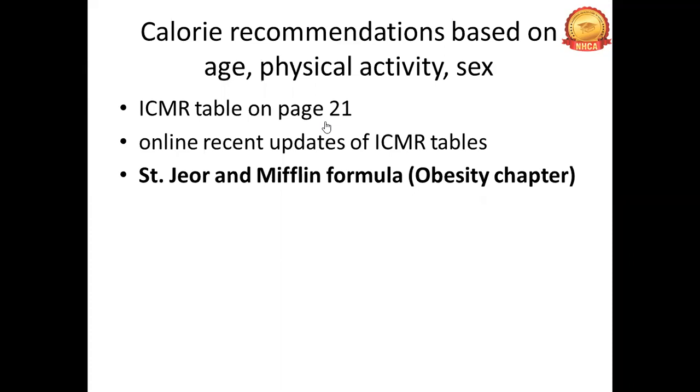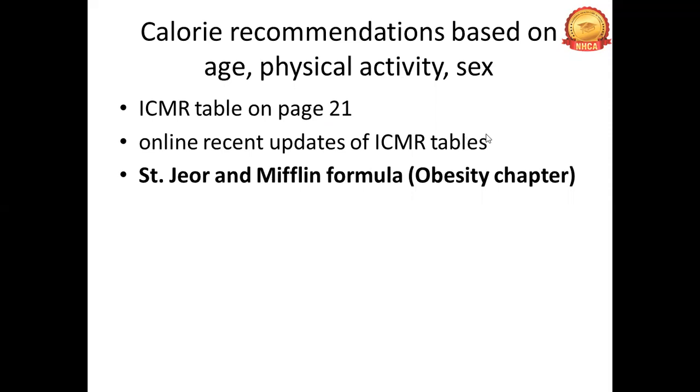Do you see the energy deficit calculation there? Another name for the St. Joer and Mifflin formula is the BMR formula. BMR formula means finding out your basal metabolic rate.